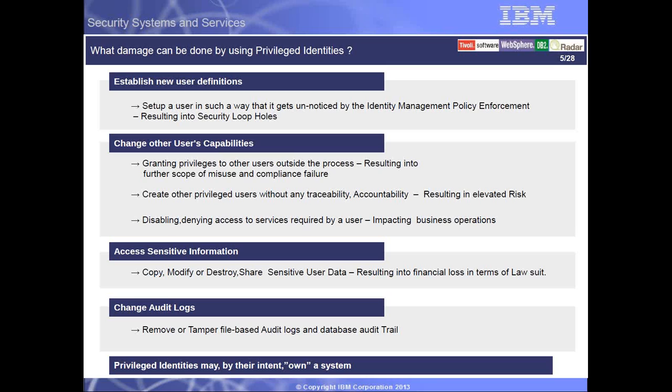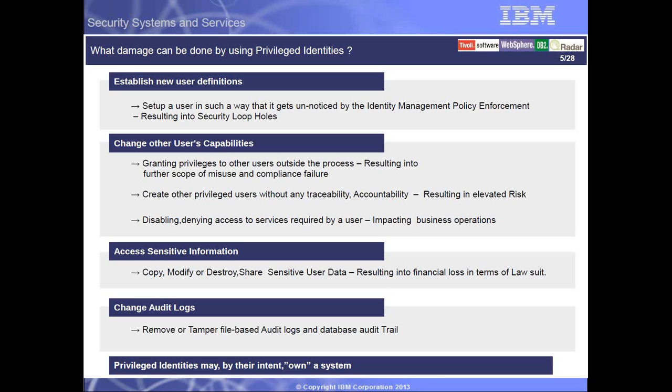Next, change other users' capability. If I am a privileged administrator, I could grant more privileges to another user outside the process, which is a problem, and makes it misuse and non-compliant. Especially when you consider change management, there are several alternate ways people could go in and make changes without following the process, resulting in several downtimes or outages because of abrupt changes to the environment.